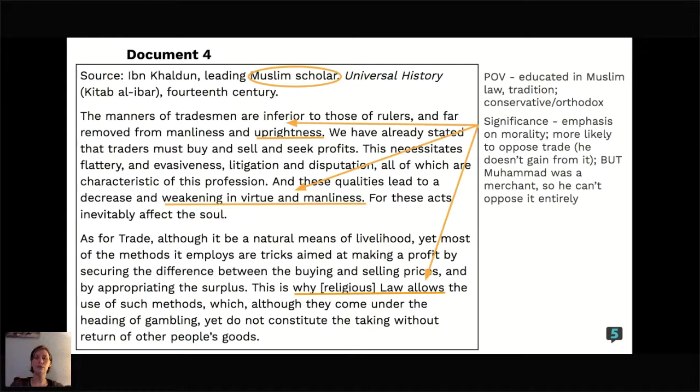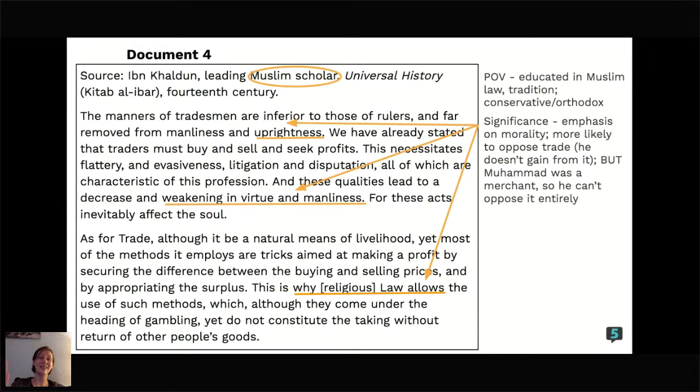And if I wanted to use Ibn Khaldun, I could say, Ibn Khaldun represents, in the 13th century, a really mixed view of trade because as a Muslim scholar educated in Muslim tradition, he acknowledges the danger of trade to the souls of those involved in it.